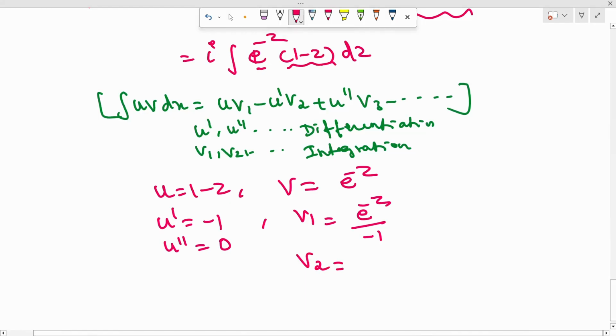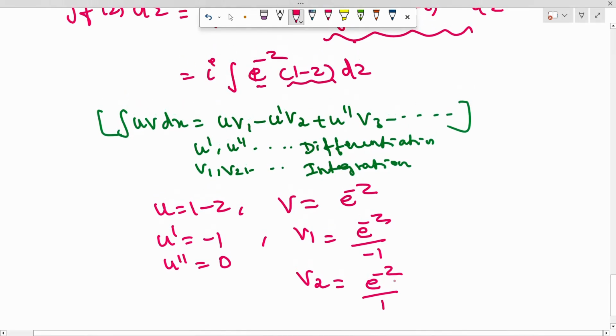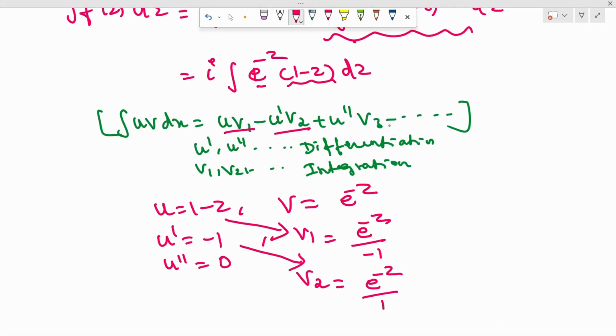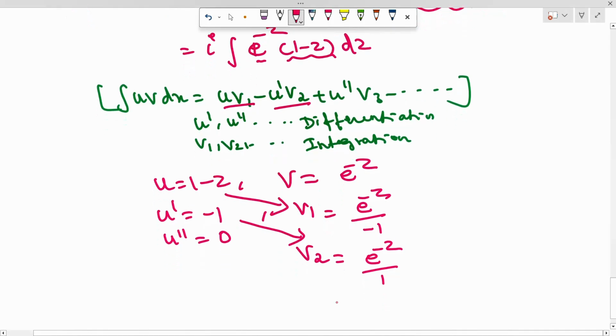Once again integrate with respect to z, e power minus z by minus 1 will come, so 1 minus 1 is positive. Our formula is u v1, minus u dash v2, plus u double dash v3. Here u double dash value is 0, so we need not calculate v2.